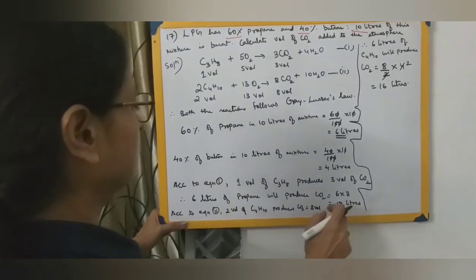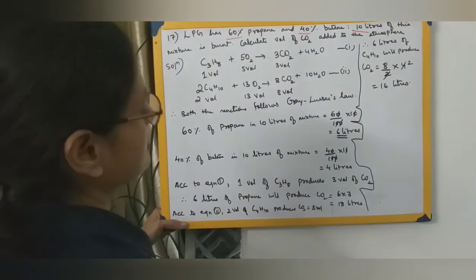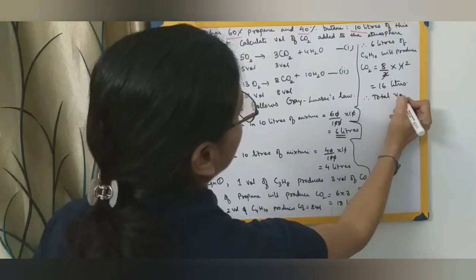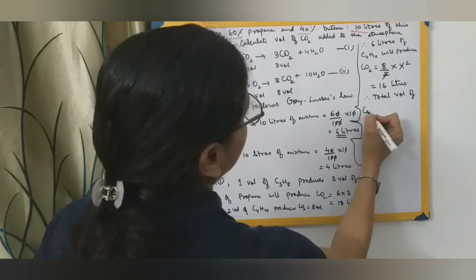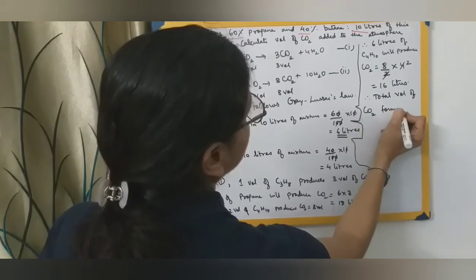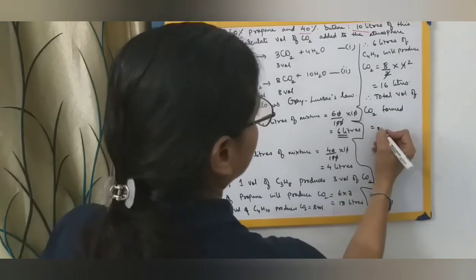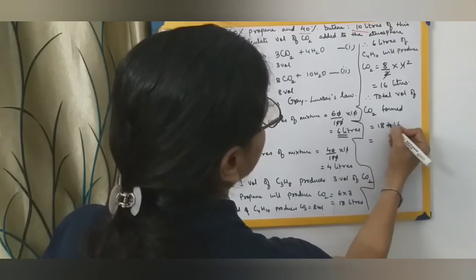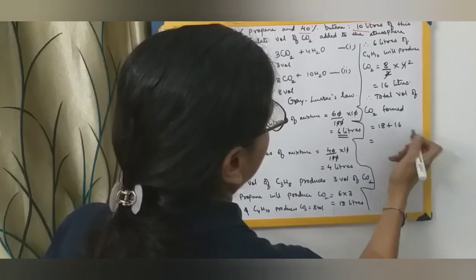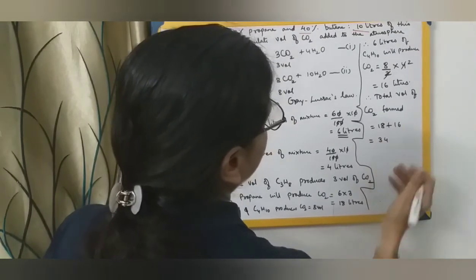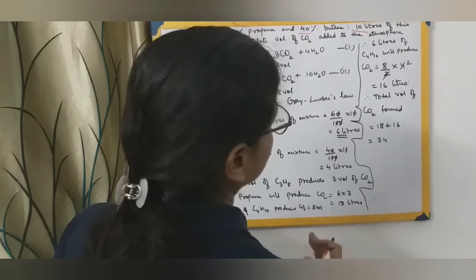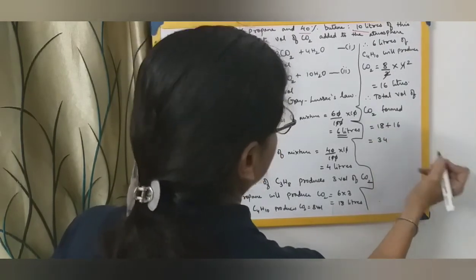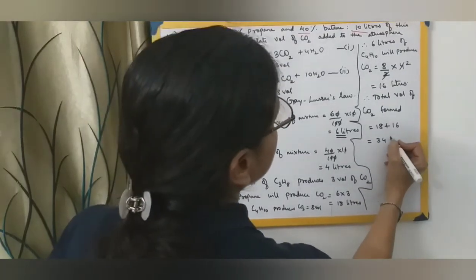So from both the equations, for equation 1 we are getting 18 liters, for equation 2 we are getting 16 liters. Therefore total volume of carbon dioxide formed is equal to 18 plus 16, so that will be 34 liters.